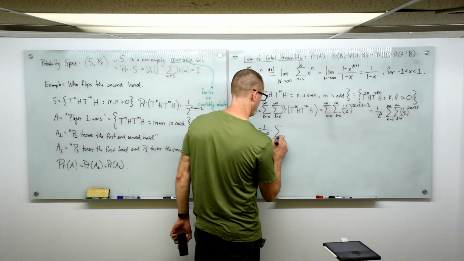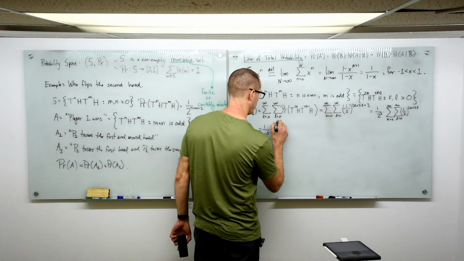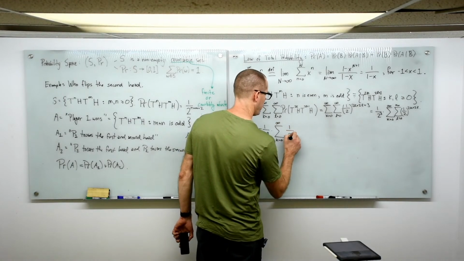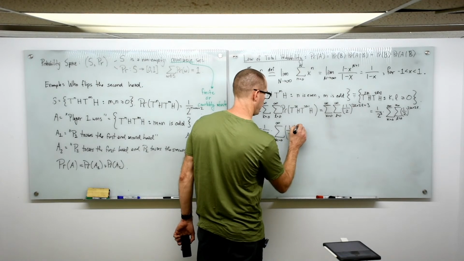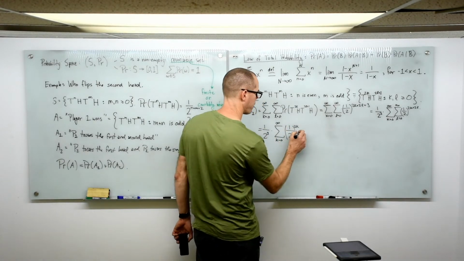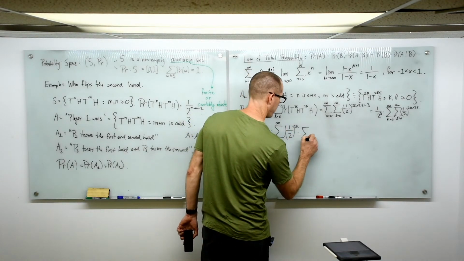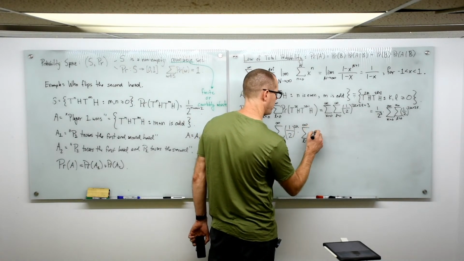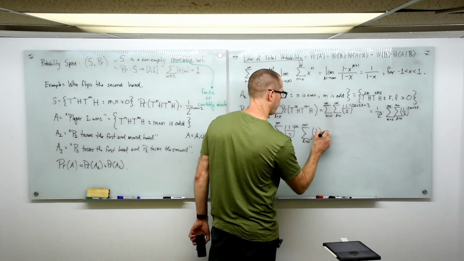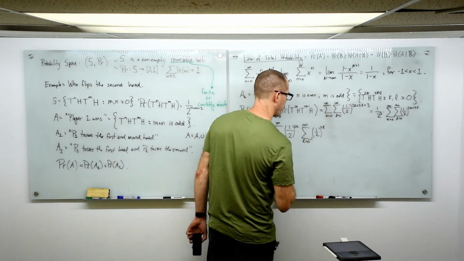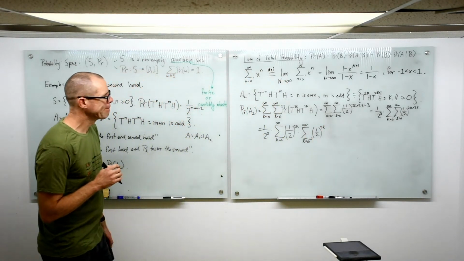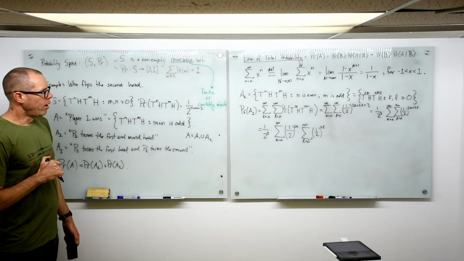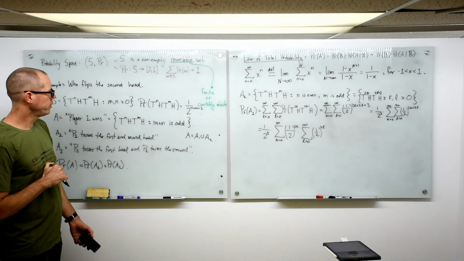Then I have this sum, k equals 0 to infinity of 1/2 to the 2k, and that multiplies the sum, l equals 0 to infinity of 1/2 to the 2l. All right, good.